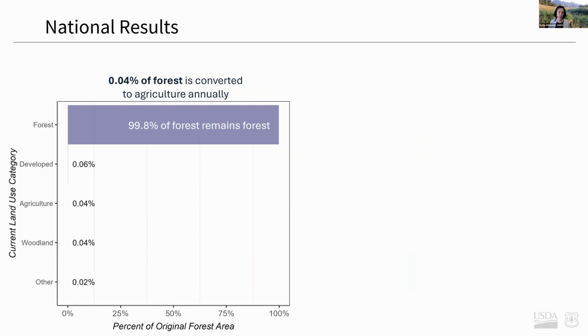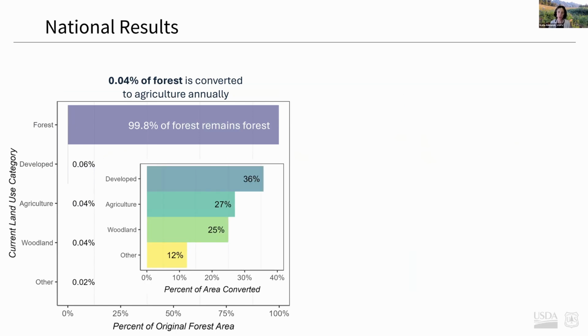So let's take a look at the results. Nationally, only 0.04% of forest is being converted to agriculture annually. And like I mentioned, the EUDR doesn't care about forest conversion to other land uses, but I did add in some others for comparison. And we can zoom in on these bars that are too small to even show up on the graph. And what that shows is that for the US, the biggest land use category replacing forests is development.